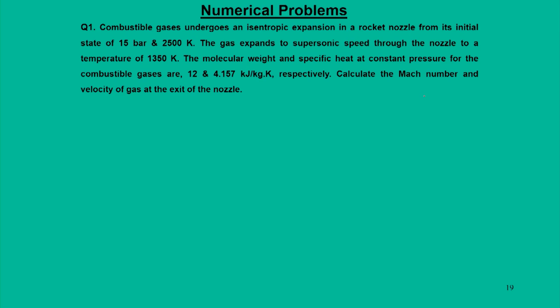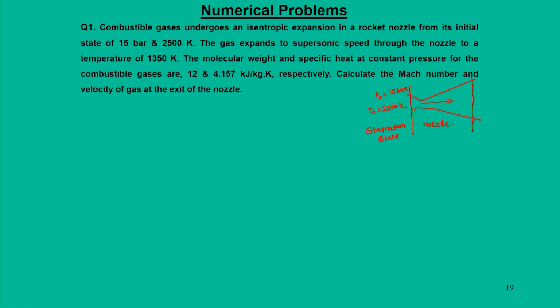Let me draw a rocket nozzle, for which the initial condition is P naught, that is 15 bar, T naught, which is 2500 Kelvin, and we call this the stagnation state. Now, this gas expands while passing through the nozzle.